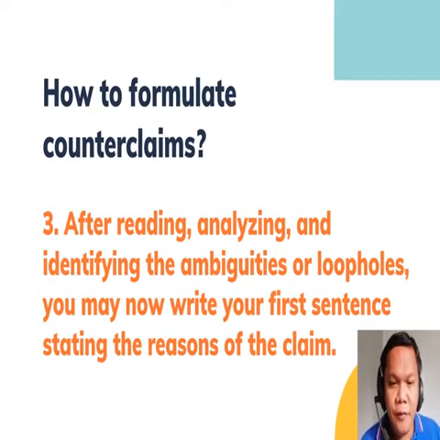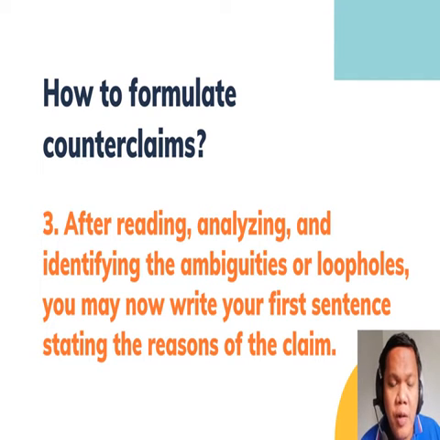Let us move to number 3. After reading, analyzing, and identifying the ambiguities or loopholes, you may now write your first sentence stating the reasons of the claim. You're done reading, analyzing, and identifying the ambiguities and loopholes of the claim. So as a writer of counterclaims, you may now start writing your first sentence.